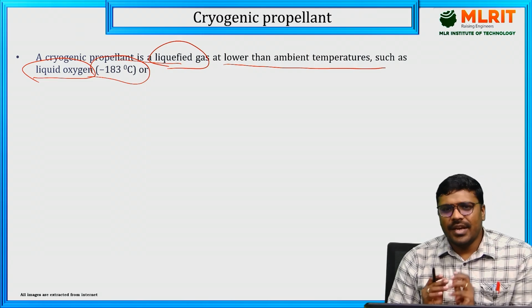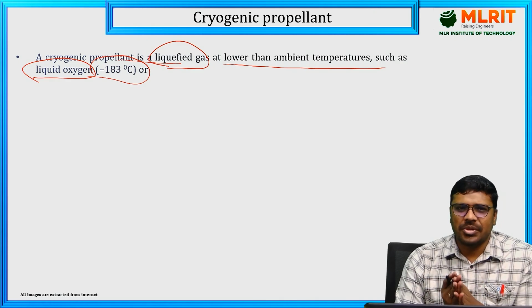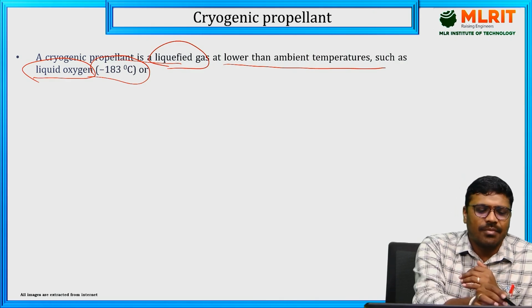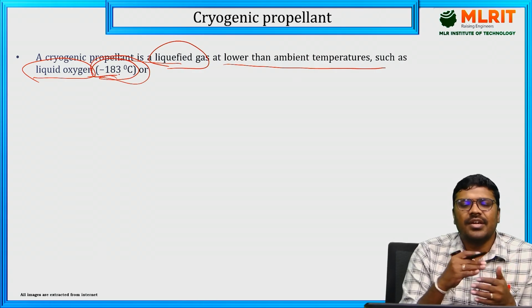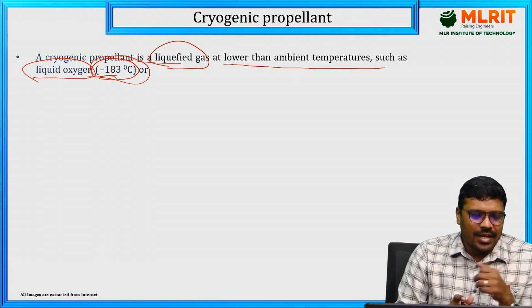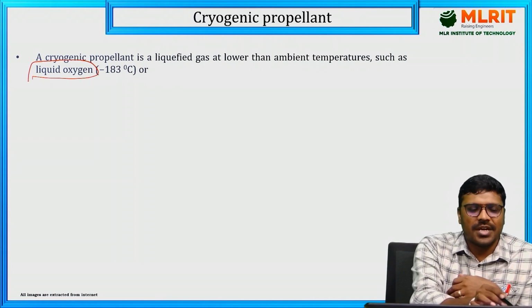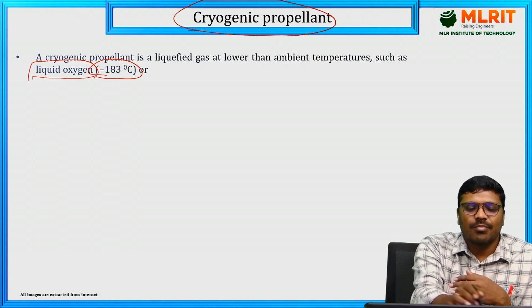Generally, oxygen at normal STP conditions is in a gaseous state, but when you bring it to minus 183 degrees centigrade, it turns to liquid, which is called liquid oxygen. This liquid oxygen at minus 183 degrees centigrade or below is considered a cryogenic propellant.